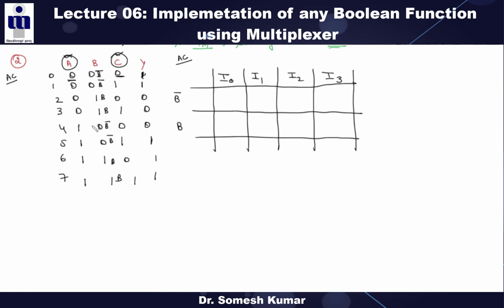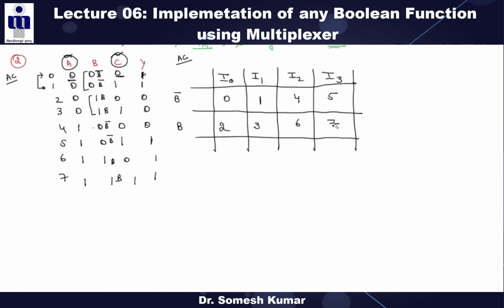Now is there some pattern or not? At the 0th and first position, this is your B bar. At the next, 2 and 3, this is your B. So can I say the numbering is 0, 1, 2, 3, 4, 5, 6, 7?